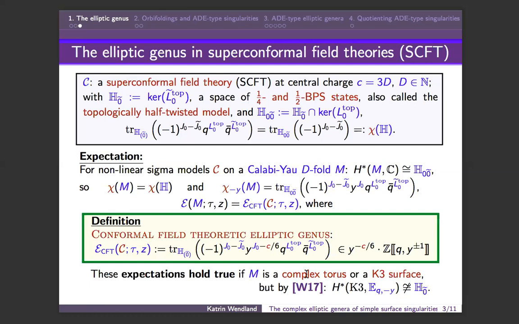And also for Calabi-Yau manifolds of higher dimension if you allow yourself to perform orbifold constructions. If you allow yourself to do orbifold constructions, then knowing that everything works out when you start with the complex torus actually shows that this holds in quite good generality.